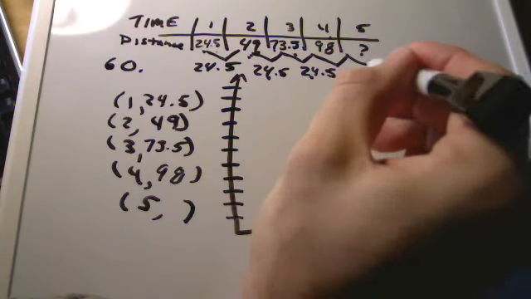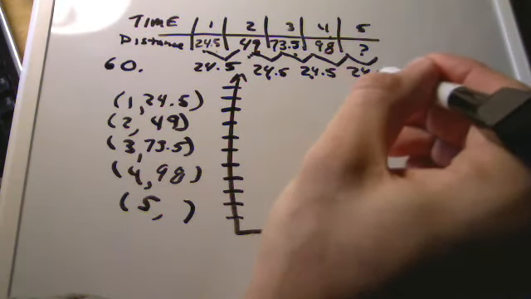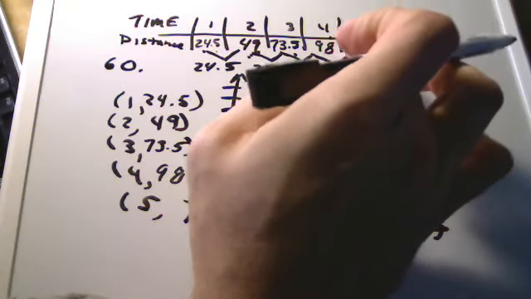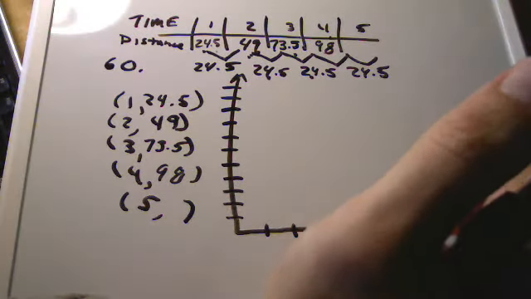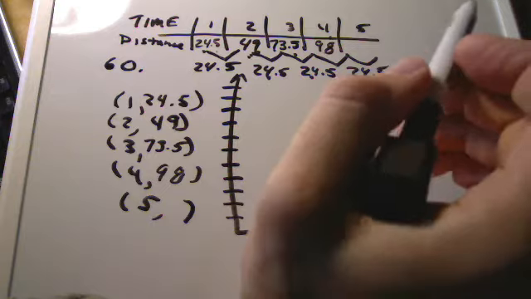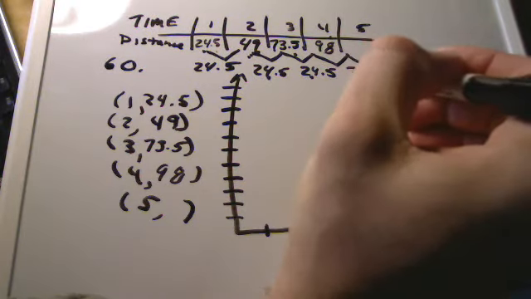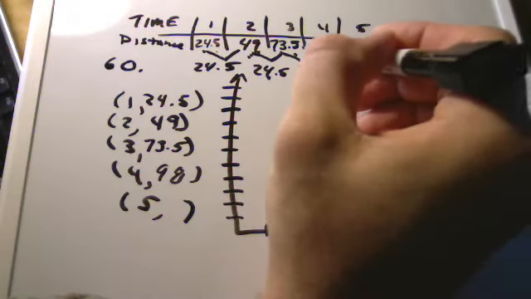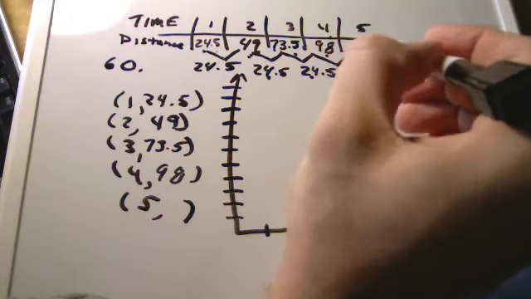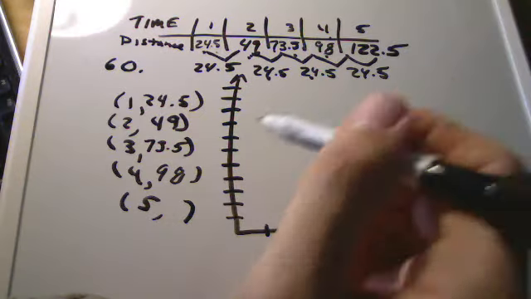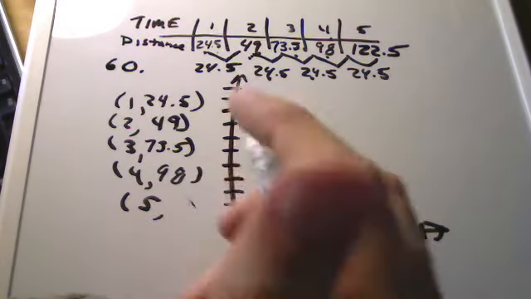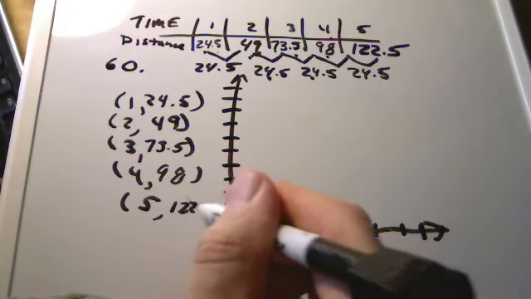And the last change is still going to change by 24.5. This is going to be the rate at which she's riding her bike, 24.5 miles per hour. We add 24.5 plus the 98, and we get 122.5. So for my last ordered pair, I have 122.5.